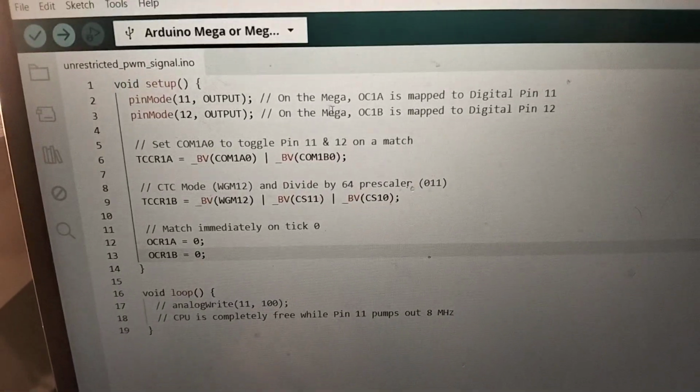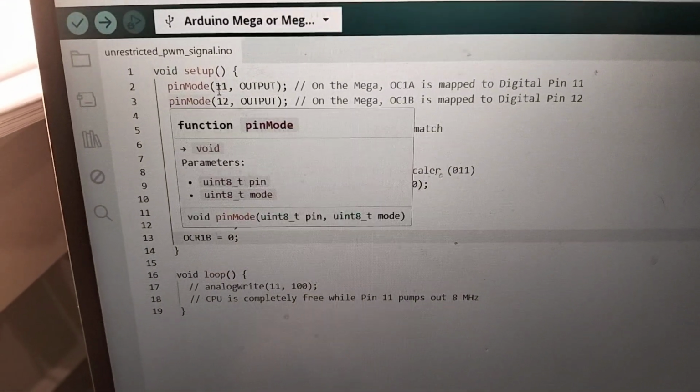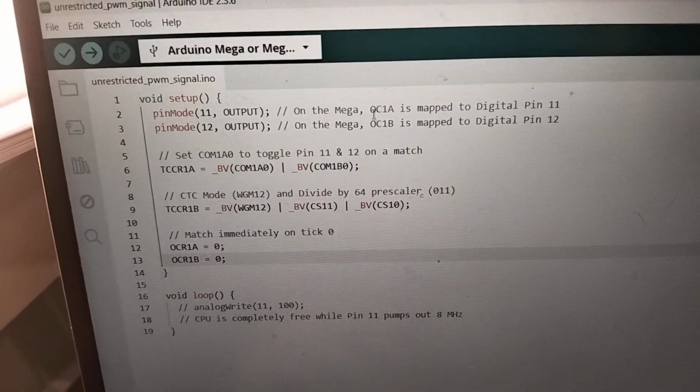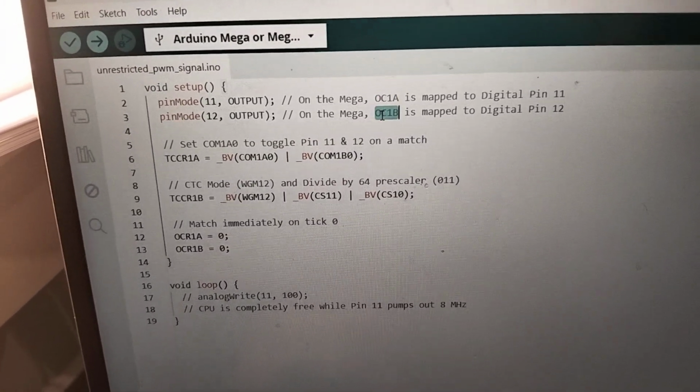What I'm doing here is I'm setting pin 11 and pin 12, which is dictated by these two registers.